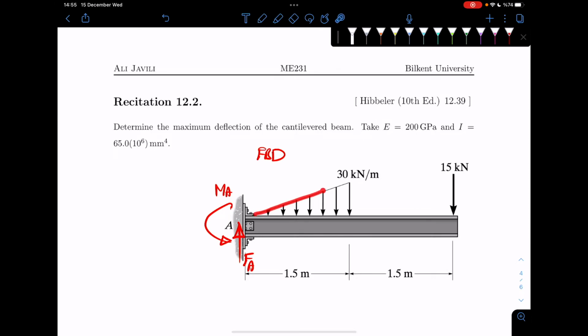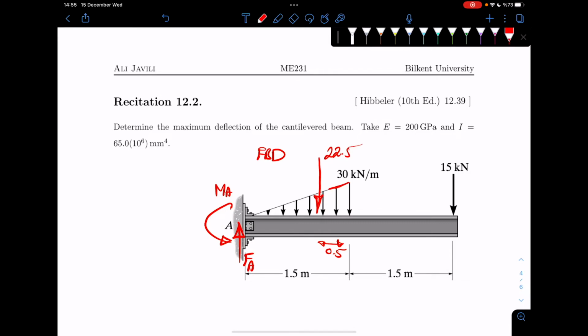If you think of the area of this triangle, you can replace this triangle with a single force equal to that area. The area of the triangle is 1.5 times 30 divided by 2, that's 45 divided by 2, 22.5. And the distance is 0.5 from here and 1 from the left.